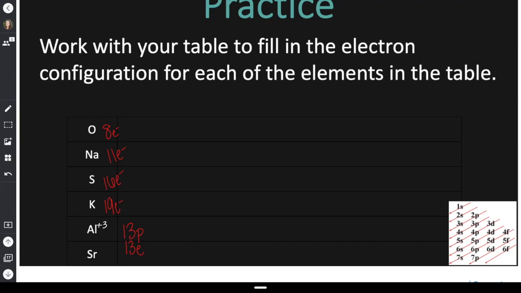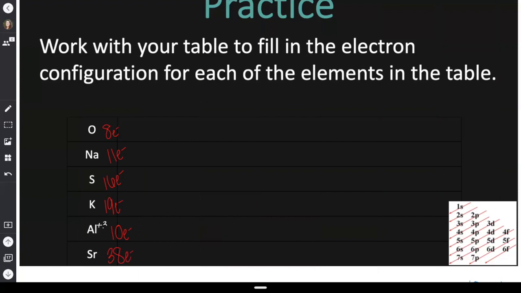Looking back at unit 3, when we used the example of positive and negative life, if I now have a positive life, what did I do to all the negativity? I got rid of it. Well, my negativity is electrons. How many electrons did I get rid of so that I'm now positive? I got rid of 3. So instead of 13 electrons, I have 10. Aluminum plus 3 has 10 electrons. And then lastly, we have strontium, which is number 38.